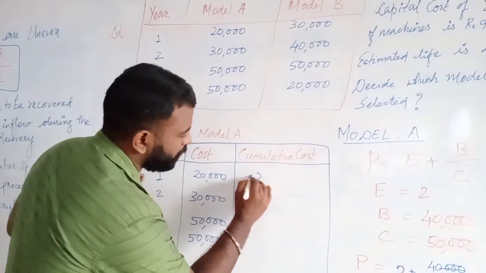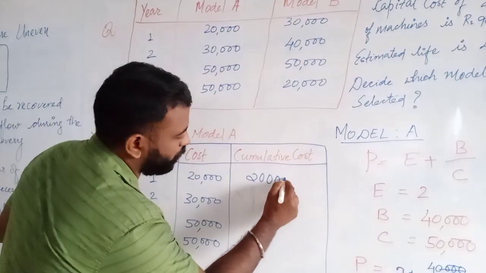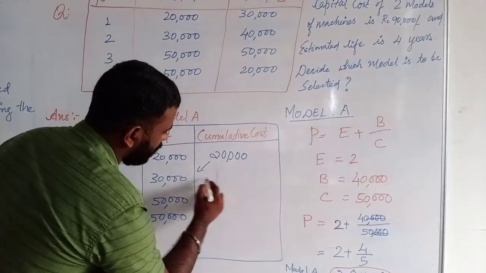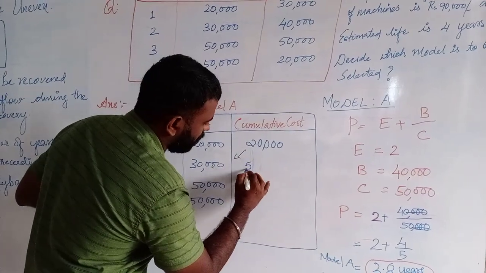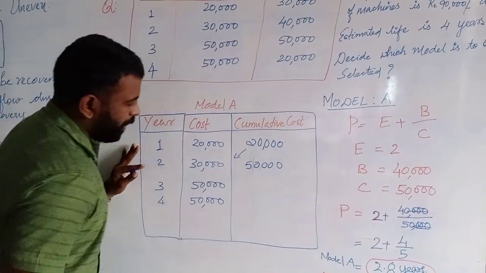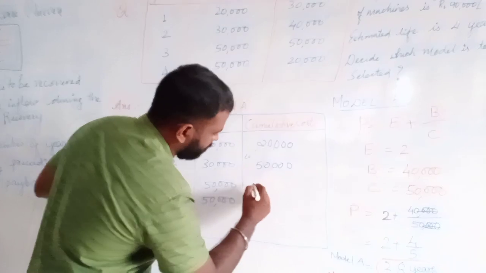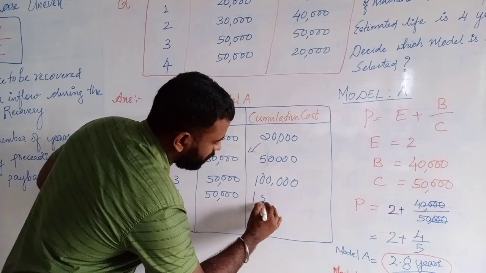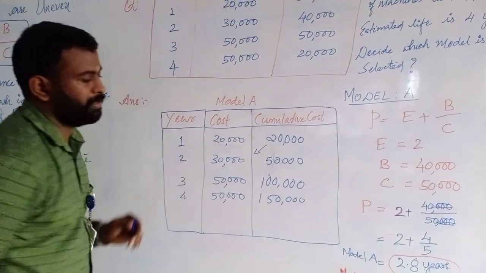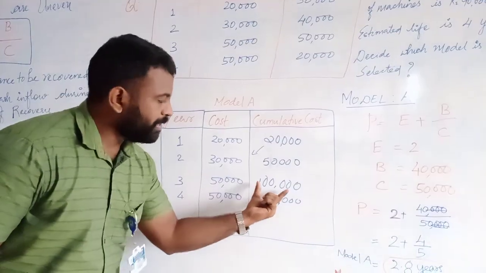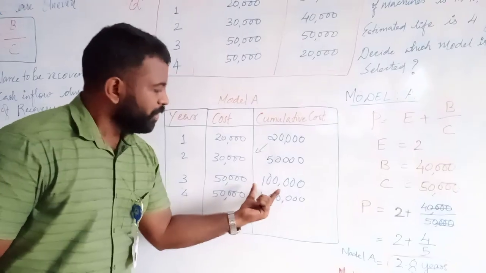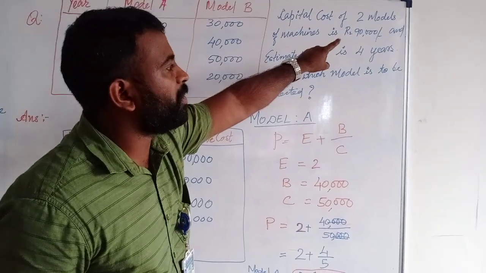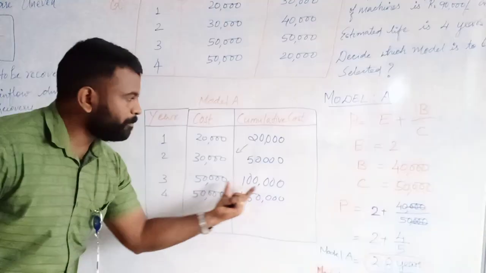In the first year, the cumulative cost is 20,000 itself, and in the next year it will come to 30,000 plus 20,000, that is 50,000, and then in the third year it will become 50,000 plus 50,000, that is 1 lakh, then in the last year it will become 1,50,000. From this cumulative cost column, we can find out where the initial capital investment of 90,000 will be recovered.